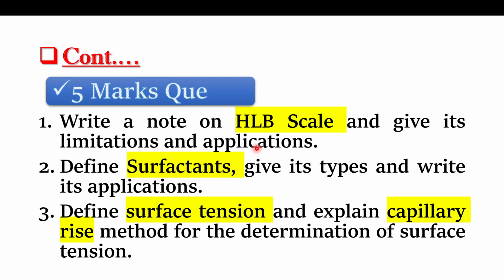Prepare this question and write it in an easy manner in the exam. Next, second question, define surfactant, give its types and write its applications. Surfactants or surface active agents. Its types and applications are very important for 5 marks. Last one, define surface tension and explain capillary rise method for the determination of surface tension.